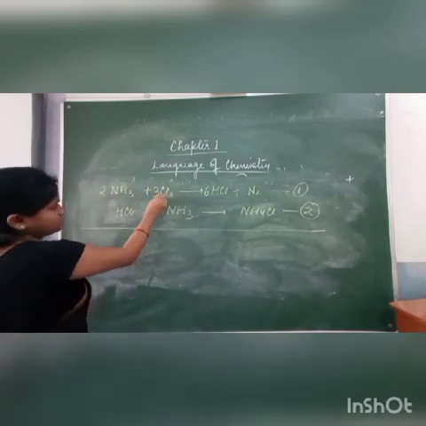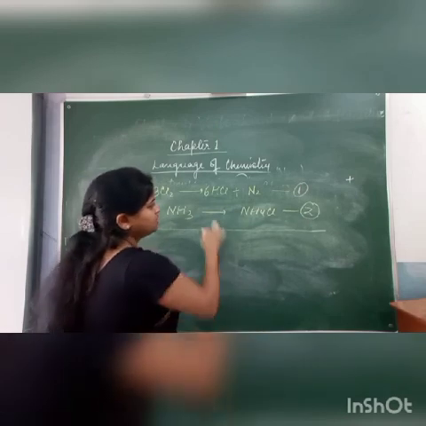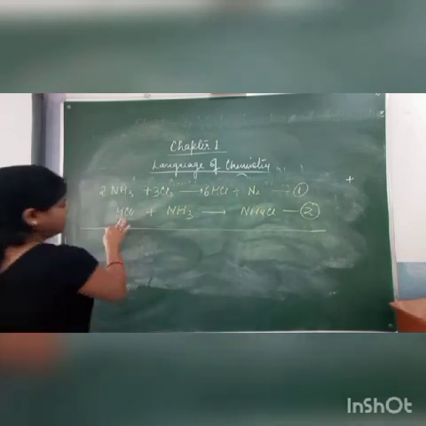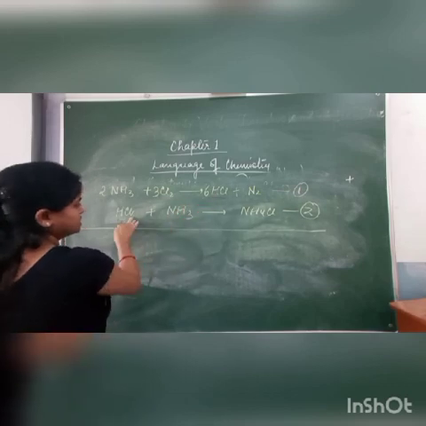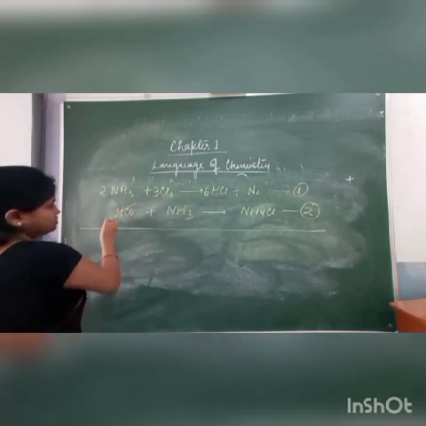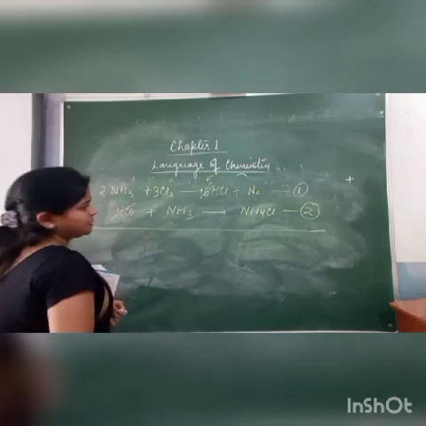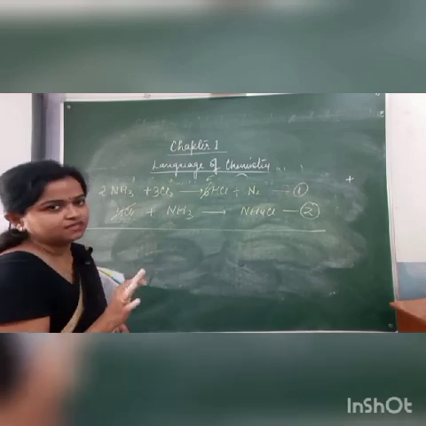Now you see NH3 and Cl2. Here there is no NH3 and Cl2. Nothing we can cancel. Here HCl and N2, HCl and NH3. It means we can cancel out HCl. If I cancel this one HCl from here there will be 5 HCl. Now nothing else can be cancelled out.